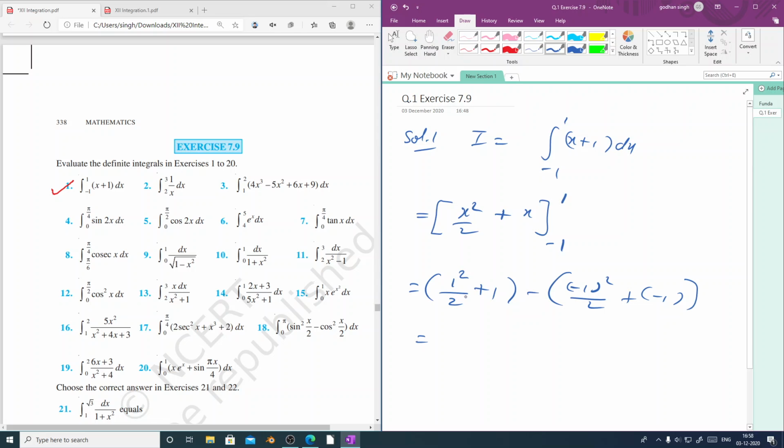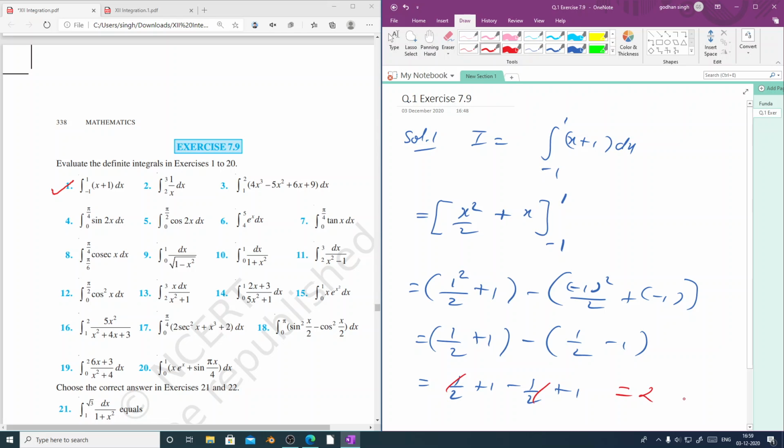This becomes 1 by 2 plus 1, and minus as it is, since the square of minus 1 is 1, we get here 1 by 2 and minus 1. Opening this, we get half plus 1 minus half plus 1. If you want, we can simplify this and subtract. Now plus half and minus half cancel each other, and the final answer will be 2.